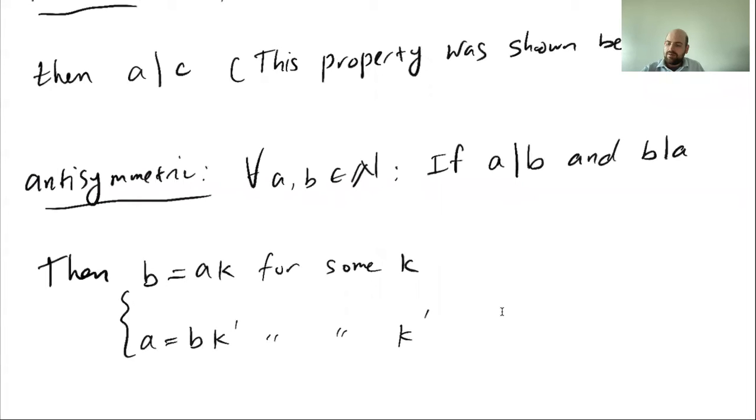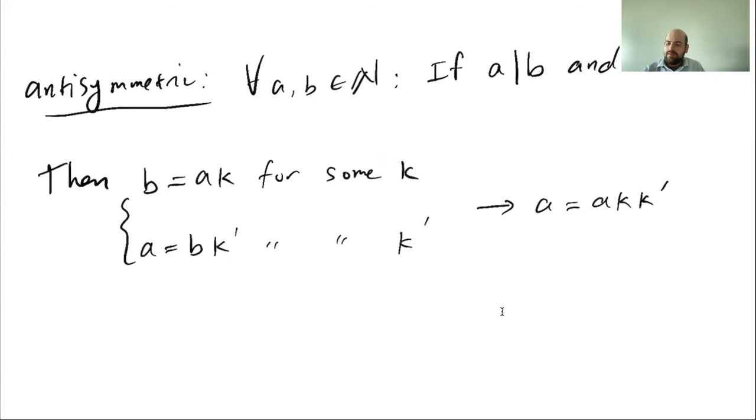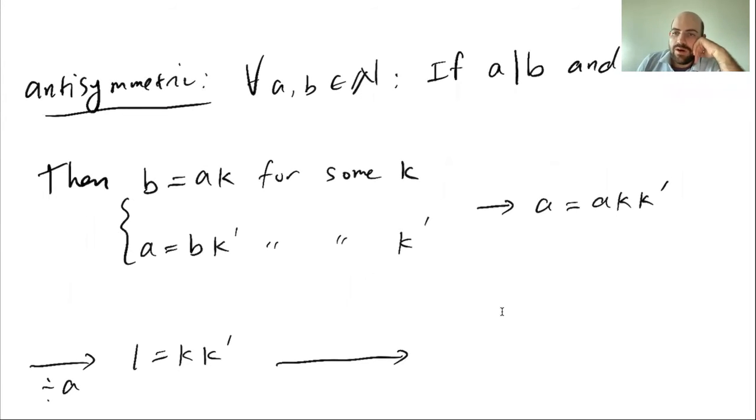So these two together, B is AK, so I can say A is equal to AKK prime. And if I divide both sides by A, I get 1 equals KK prime. So 1 is the product of two natural numbers. Well, that means both those two natural numbers must be 1.